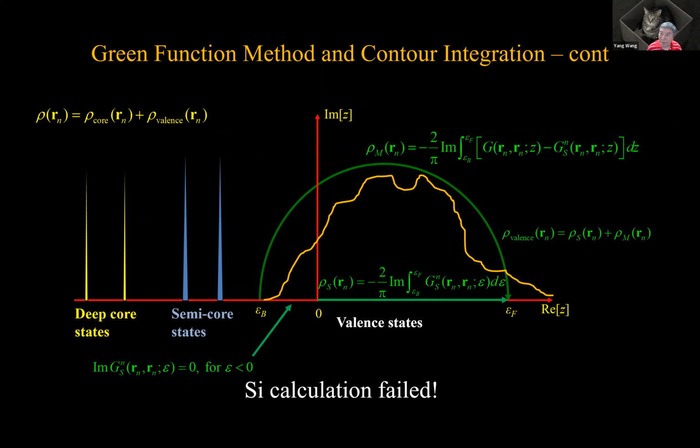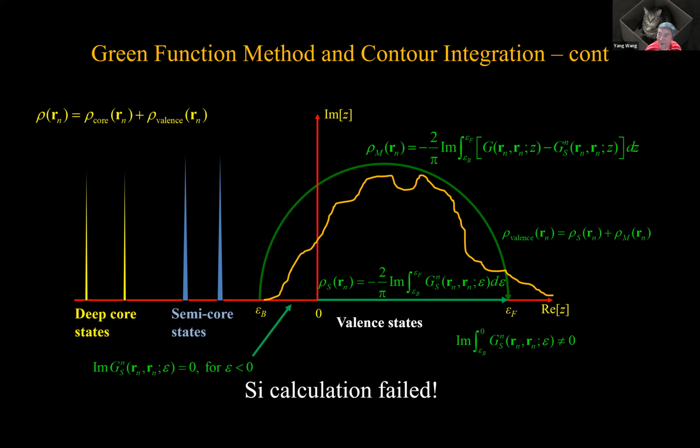So what was the problem? It turns out this statement has some fault, because even though the imaginary part is 0, the integration is not 0. The reason is the single site Green function could have a pole. So even though the imaginary part is 0, if the Green function itself has a pole, when you do the integration, by the residue theorem, that's going to contribute.